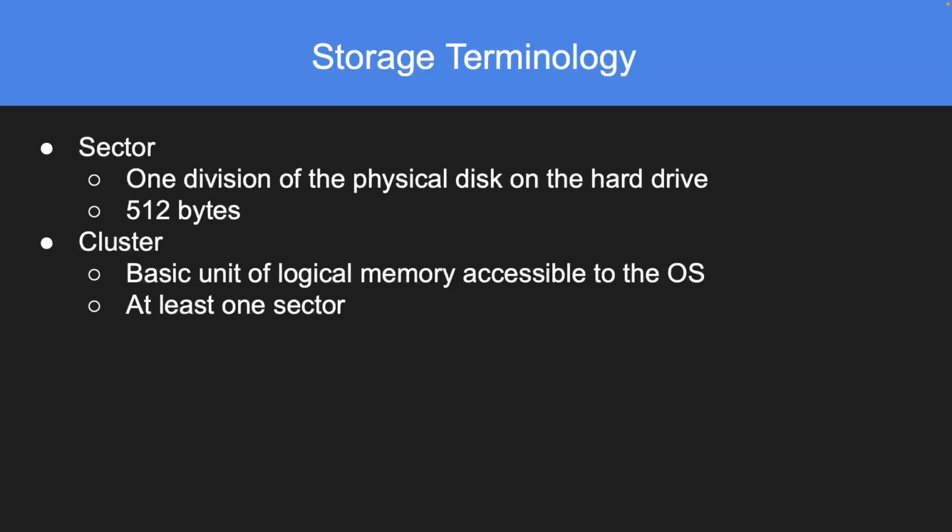Clusters, being the basic unit of logical memory accessible to the OS, can read at least one sector. Sometimes clusters can read more than one sector, if the data is spread out or striped across multiple sectors, but one sector is the bare minimum.